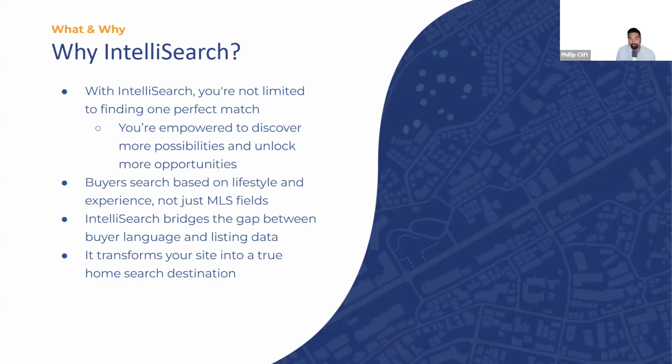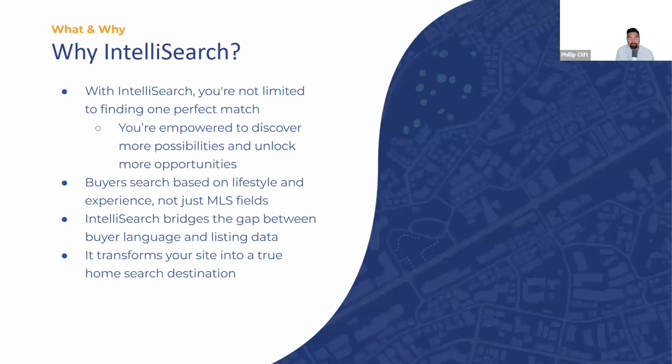So whether your leads are looking for homes with a dock or ranch homes or homes with acreage, things that aren't always searchable with checkboxes or drop downs, that's where IntelliSearch is really looking to meet site visitors where they are, right? Instead of trying to hunt down the specific search box or specific language that's used, that's really where IntelliSearch is hoping to bridge that gap.